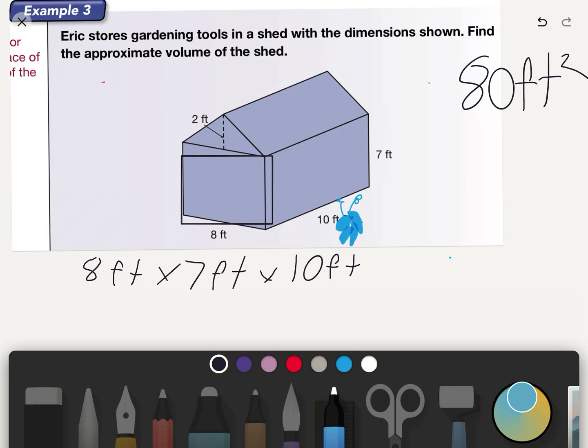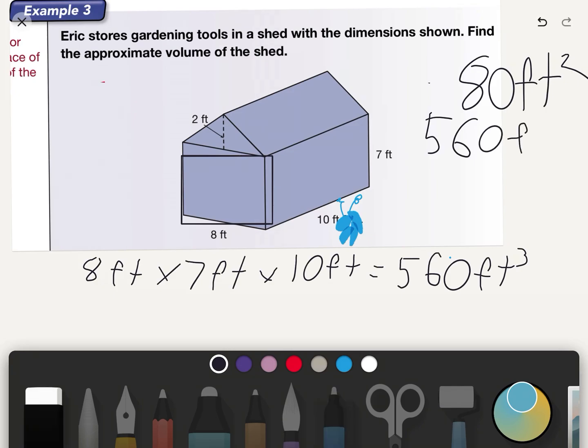So 8 times 7 is 56 times 10 is 560 cubic feet. So we can add those. Oops. And that should be cubed.